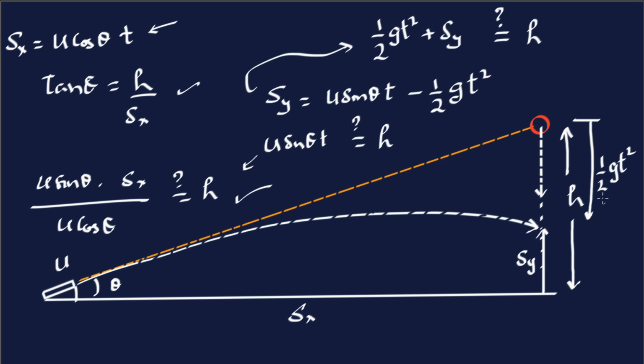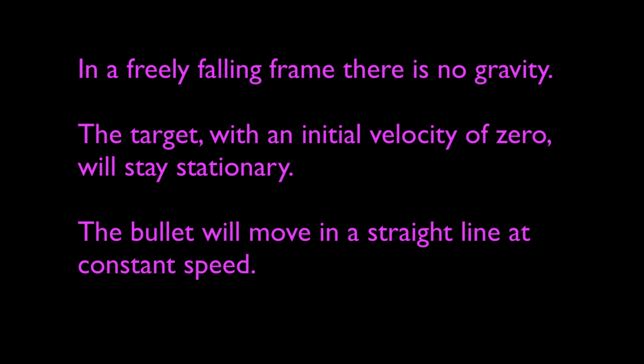So we get into a frame of reference which falls with the target, so that at time t equal to 0, when the gun is fired, our frame of reference also has 0 velocity and it falls with the target. In this frame of reference, there is no gravity.